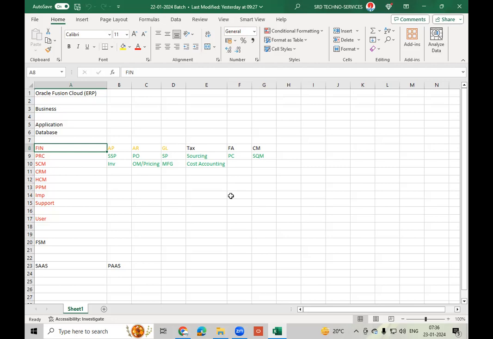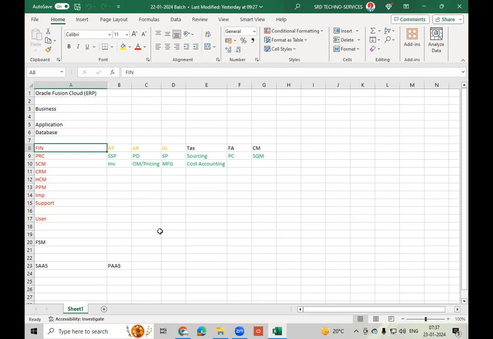So after understanding and analysis of the business requirement, as a functional consultant, I will start configuring. Here we will not develop anything technically, everything from the front end only. We'll configure setups as per business requirement.